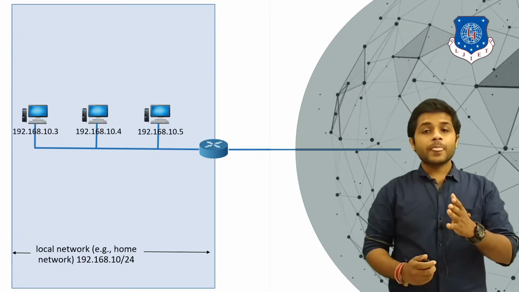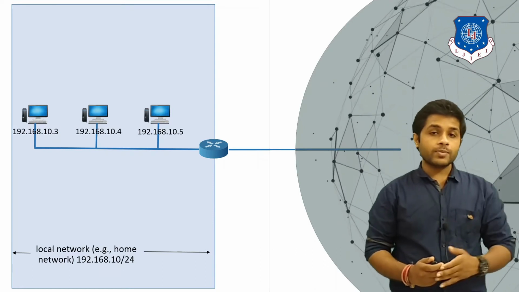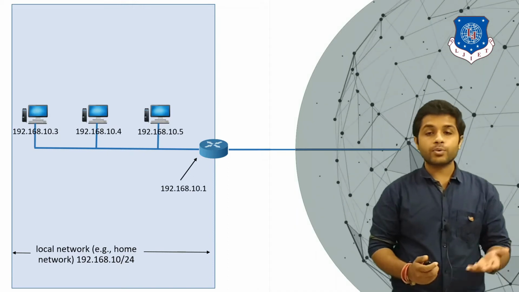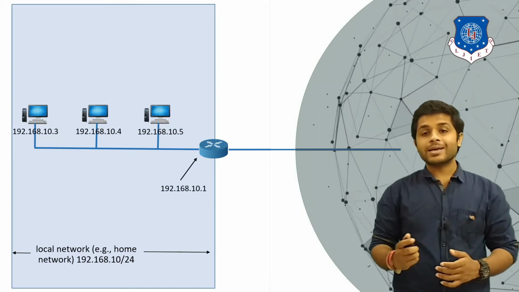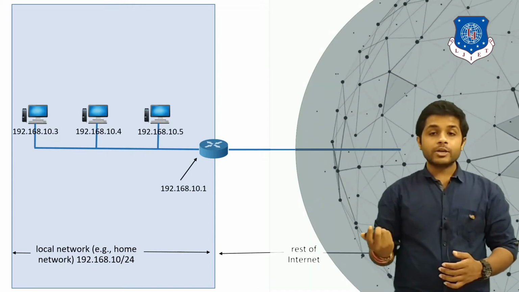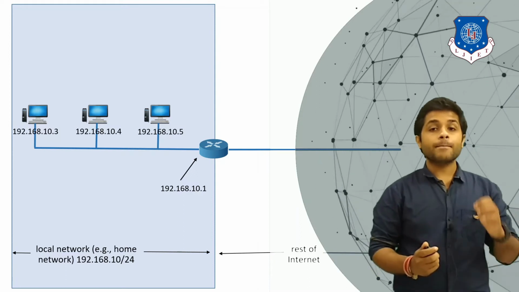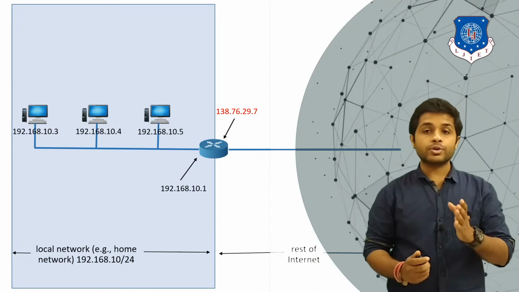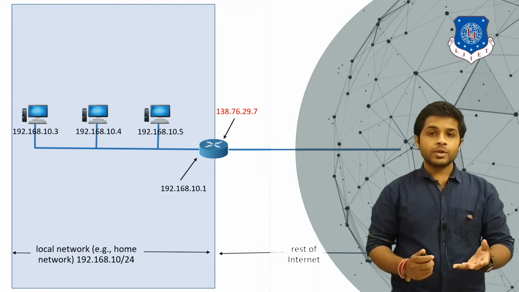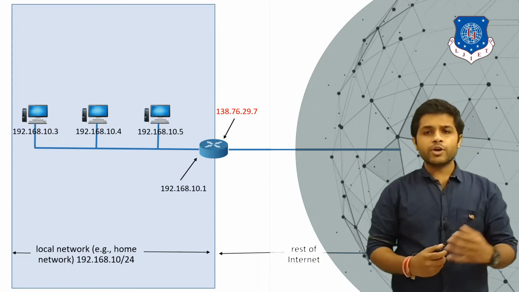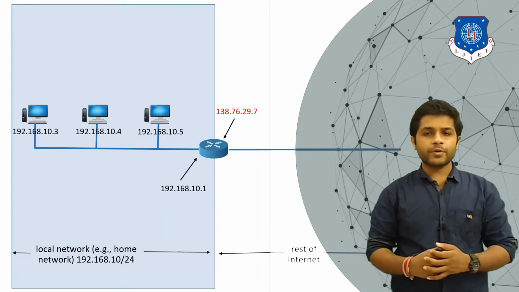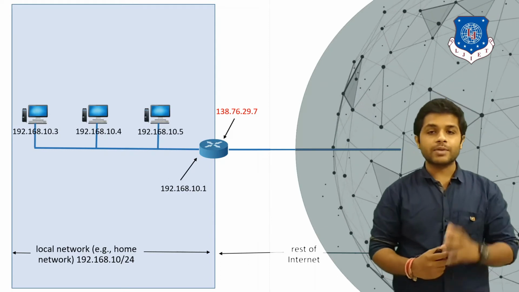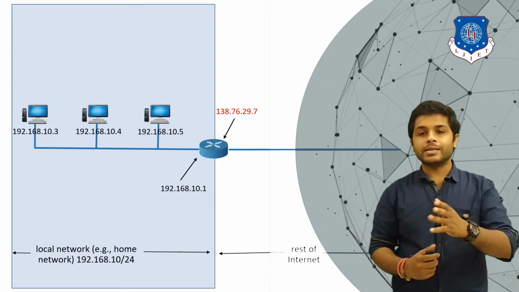The interface on the local area network side has the IP address 192.168.10.1, and the interface on the wide area network side has the public IP address 138.76.29.7. Let's assume we have purchased a plan from the internet service provider, bought one unique public IP address, and assigned it to that port.